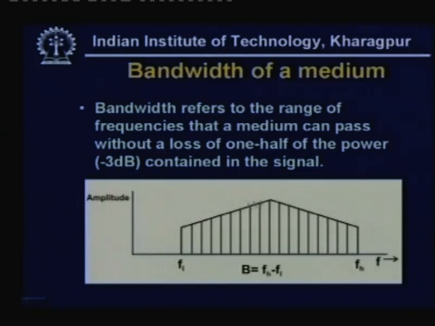That means amplitude is less, and half power is at frequency FL, and another half power is at frequency FH. So on both sides of this midpoint, the power level goes down to half, and so the bandwidth here for the channel can be considered as FH minus FL, that means F high minus F low. So this is how the bandwidth of a channel is represented.